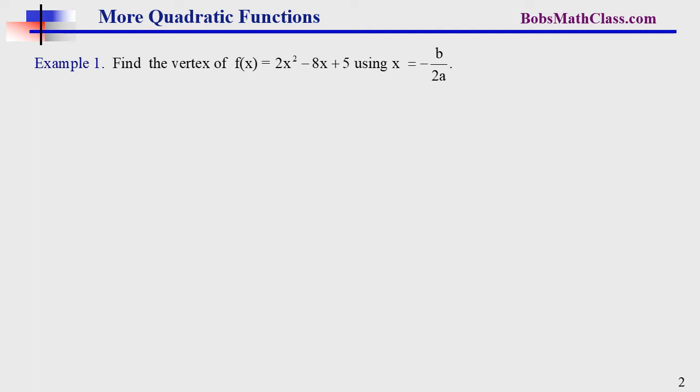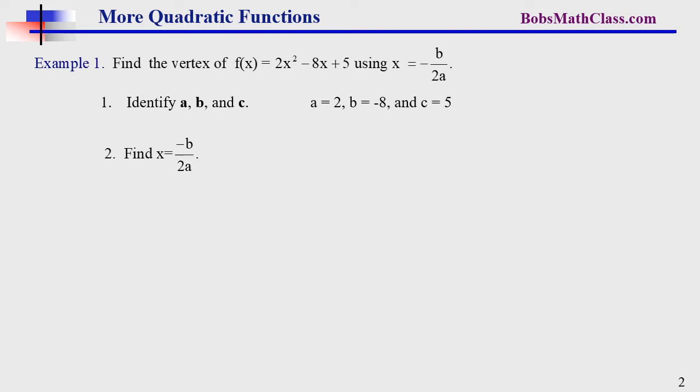You can either write the negative in front of the fraction or in the numerator. All right, step one, identify a, b, and c. Well, a is 2, b is negative 8, and c is 5.